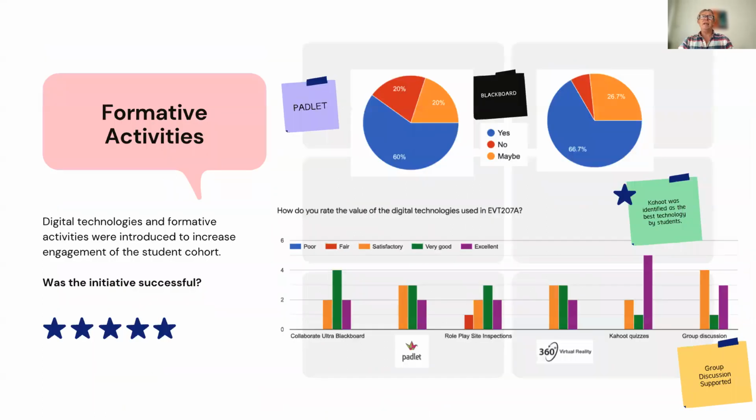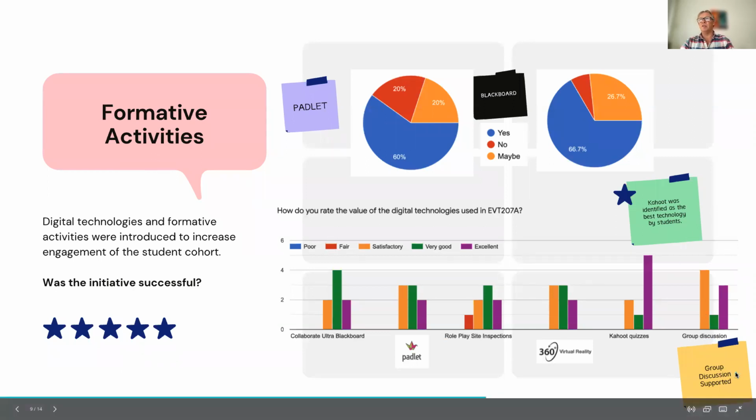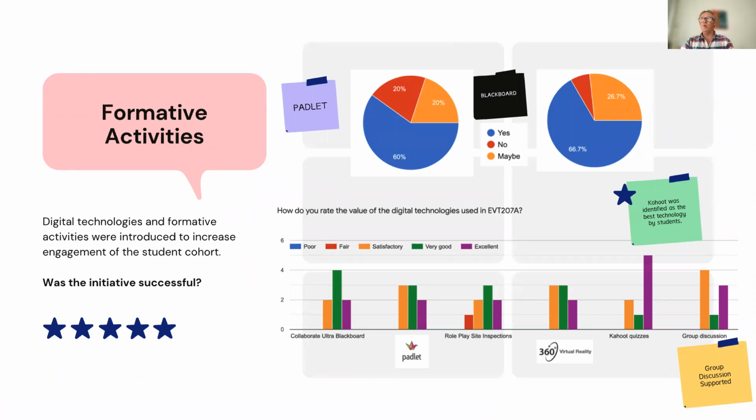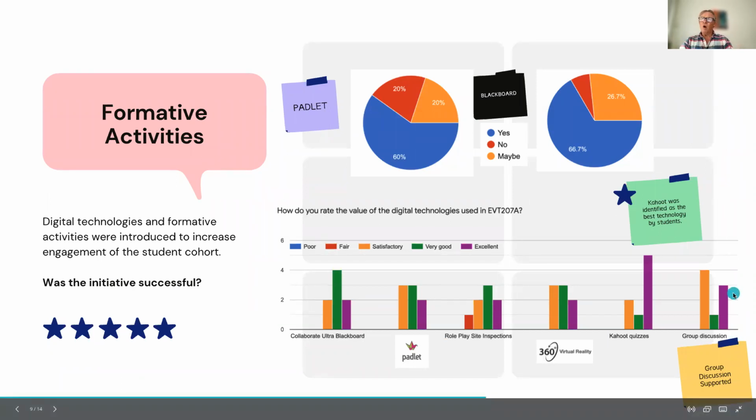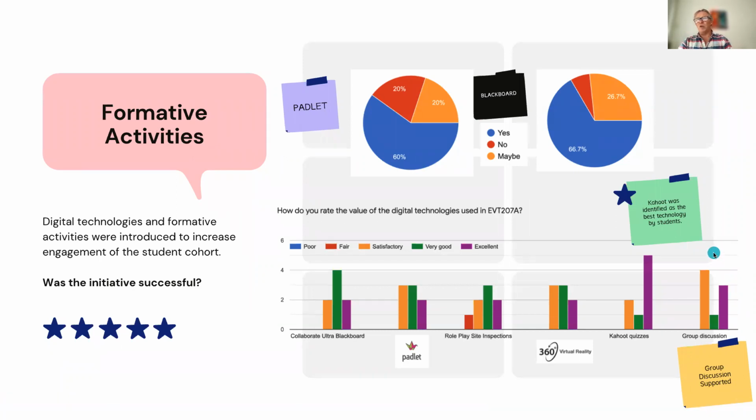So through these, and through some formative activities in digital technologies, sadly, Padlet was not revered as much as I had hoped compared to Blackboard, but other digital technologies were highlighted by students, like Kahoot was seen as the best technology by them, and group discussion was supported. So these two areas are probably worthy of follow-up in action research in further trimesters.